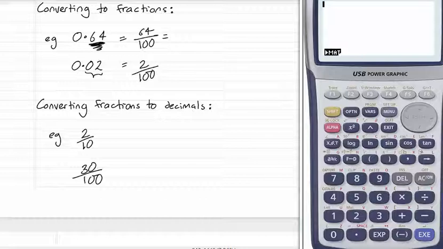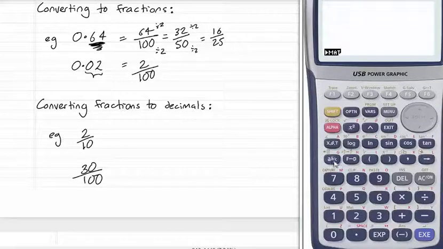I've divided the top by 2 and the bottom by 2. And they're still both even numbers, so we can still divide by 2. 16 over 25, and now I don't see anything else that goes evenly into 16 or 25.